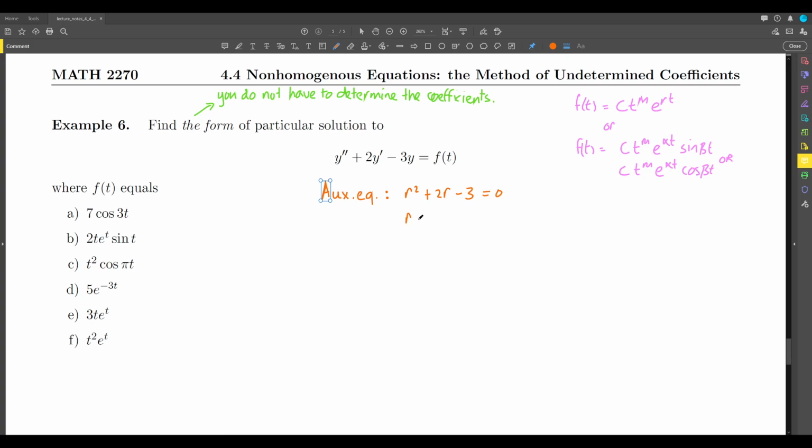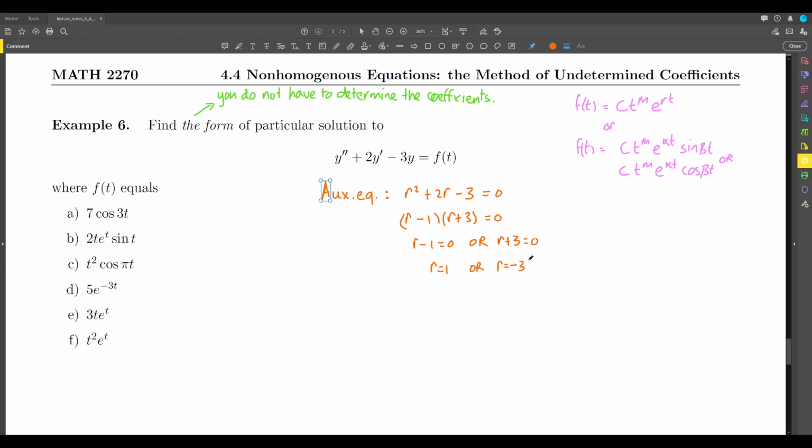And that factors as follows: r minus 1 times r plus 3 equals 0. So r minus 1 equals 0, or r plus 3 equals 0. And so r equals 1, or r equals negative 3.